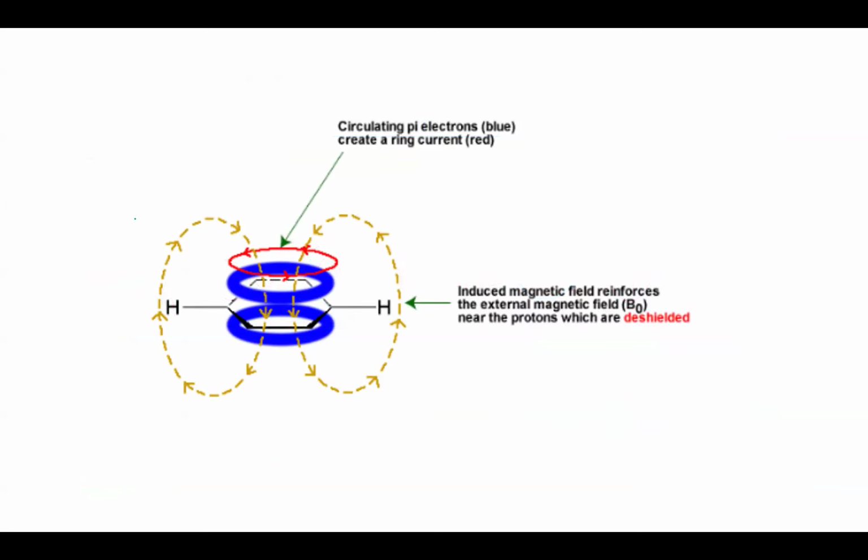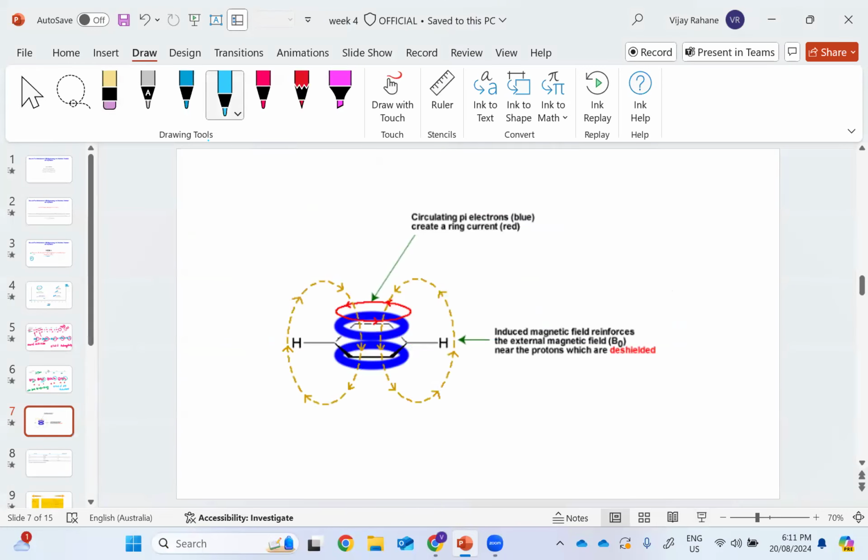Here is the concept of magnetic anisotropy, and let's take the example of benzene, or there are some other groups that I will discuss later. Here we have the planar phenyl ring, right?